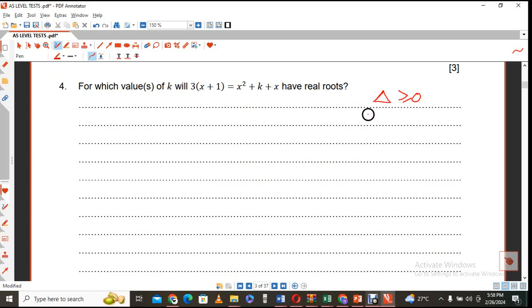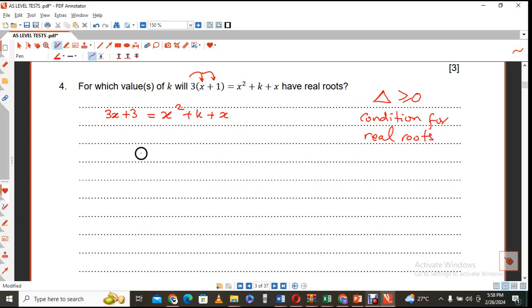This is the condition for real roots, for the answers of these to be real. Okay, so once we have determined that, we're going to equate the two, and then we're going to have obviously 3x plus 3. So what I'm doing is I'm already multiplying out, equals x squared plus k plus x.